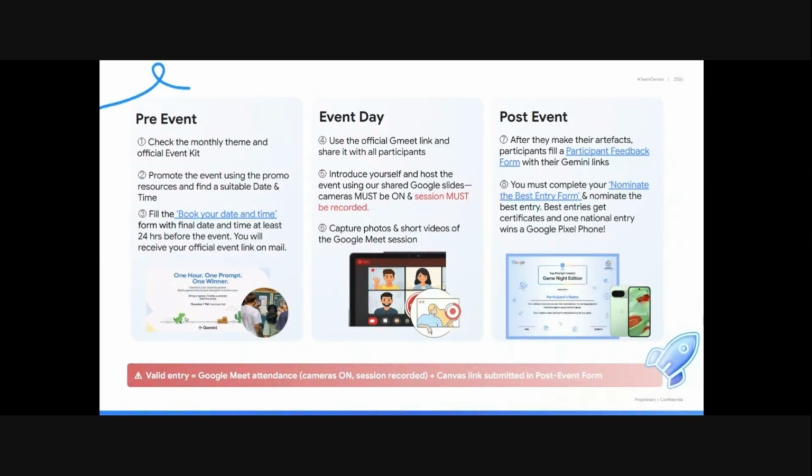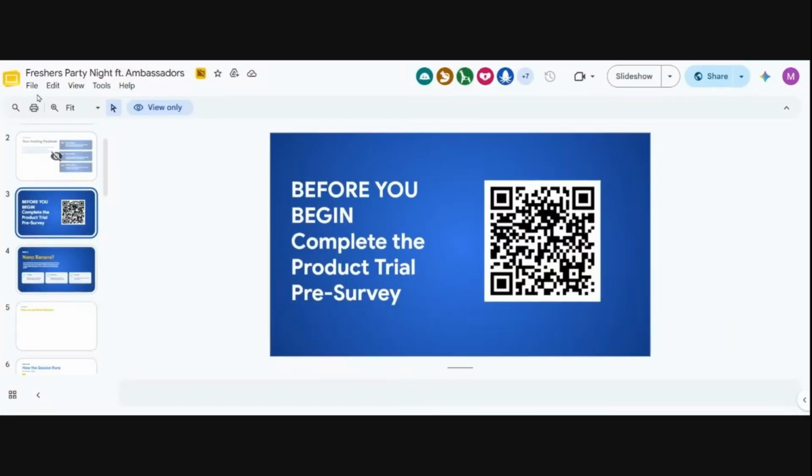One sec, I'll show it to you where it is given. So this freshers party night featuring ambassadors, this deck that you have right here. This is the QR code that your participants will fill as the pre-survey.